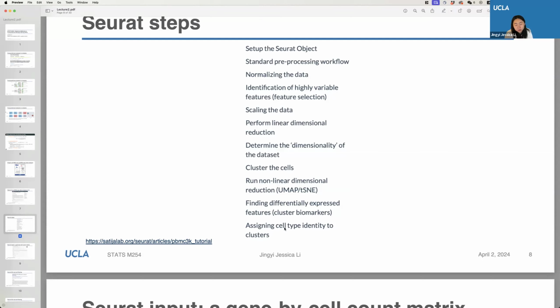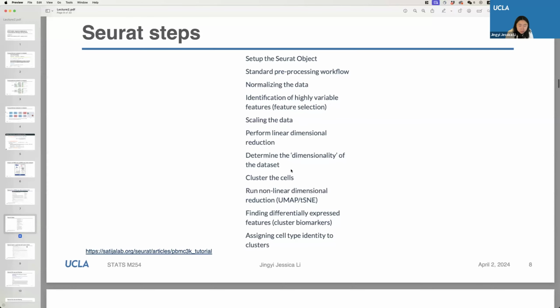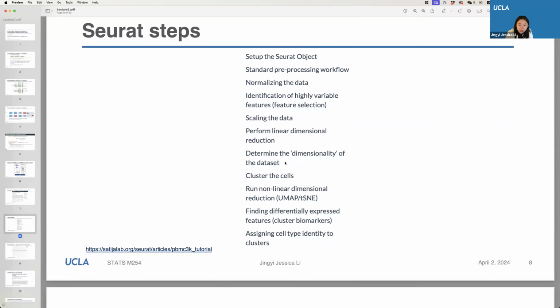So far, what we covered is that we focus on the differentially expressed features because it's a statistical testing step. But there are many things we should also consider. So I'm thinking probably I can go with talking about clustering first, but then we will go back to normalization. What does that mean?